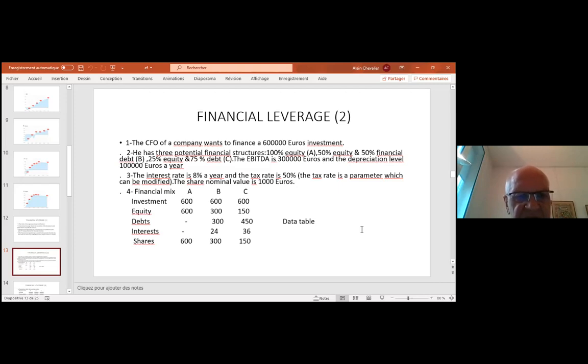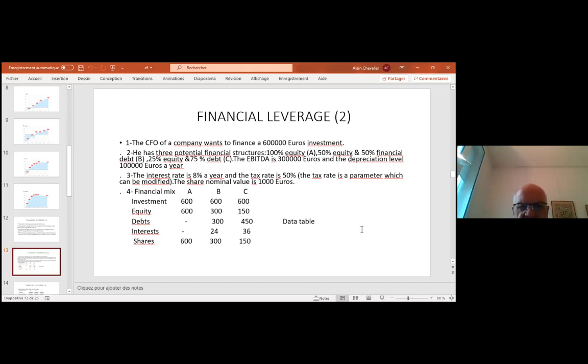In that case, the CFO has three potential financial structures. He can finance this investment using three different mixes. The first one, called A, is 100% equity. The second one, called B, is 50% equity and 50% financial debt.